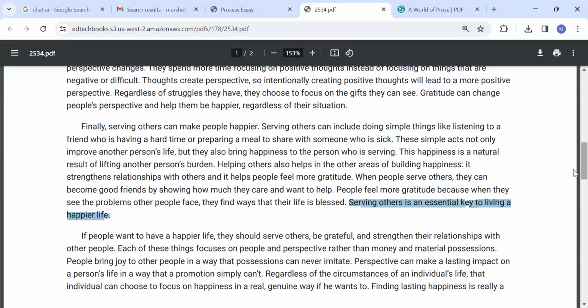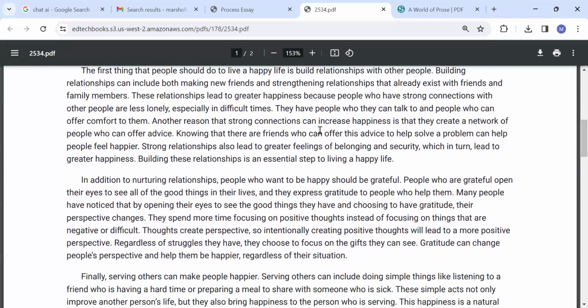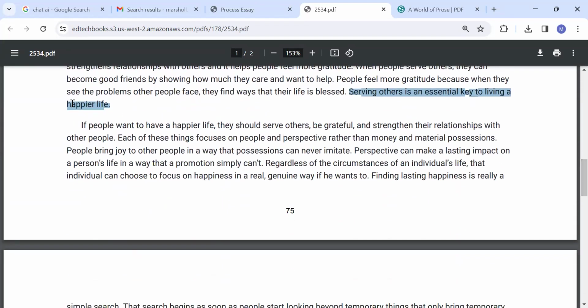So you would realize that these three paragraphs follow the order of the sentences. So if people want to live a happy life, they should serve others, be grateful, and strengthen their relationship with each other. This paragraph is your conclusion. Your conclusion usually starts with your concluding sentence.